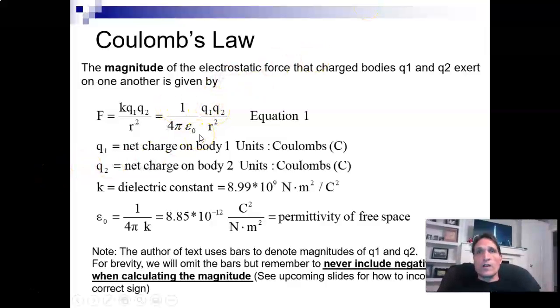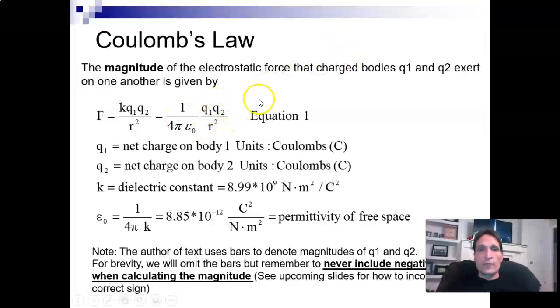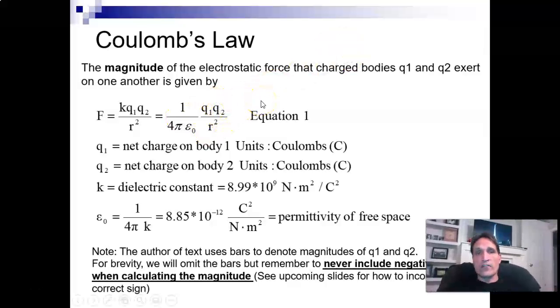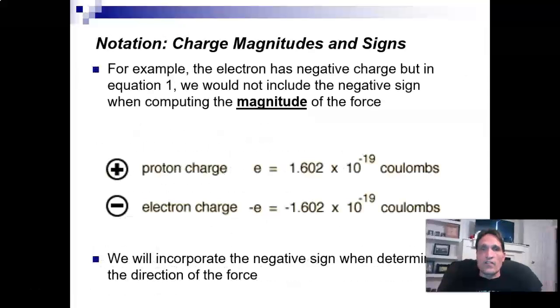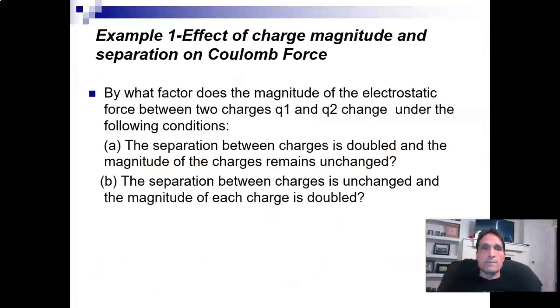In other words, these charged bodies are relatively small compared to their separation. Otherwise, you have to use integral calculus. You get a similar equation, but you have to integrate, and it becomes a little more complicated. So right now, we're assuming that the size of these charged bodies is much smaller than the separation between them.